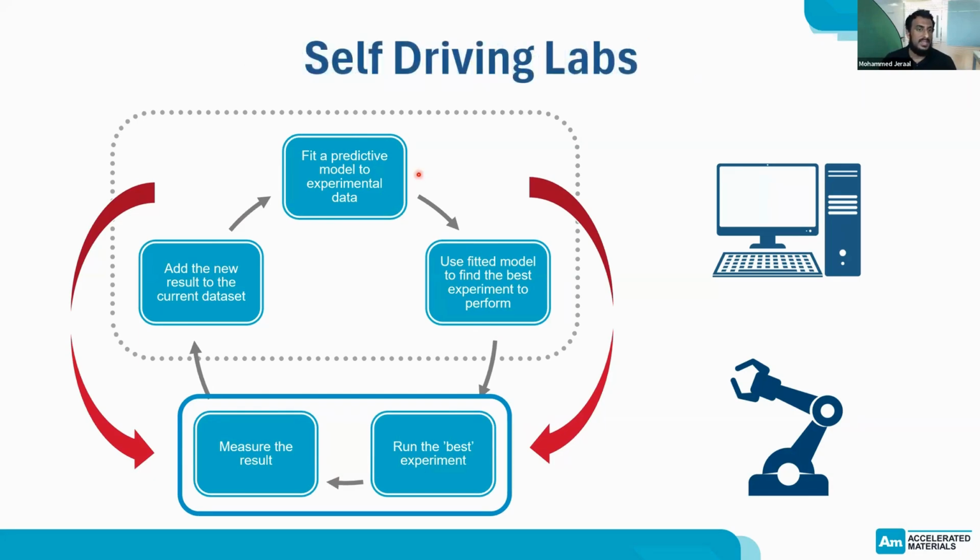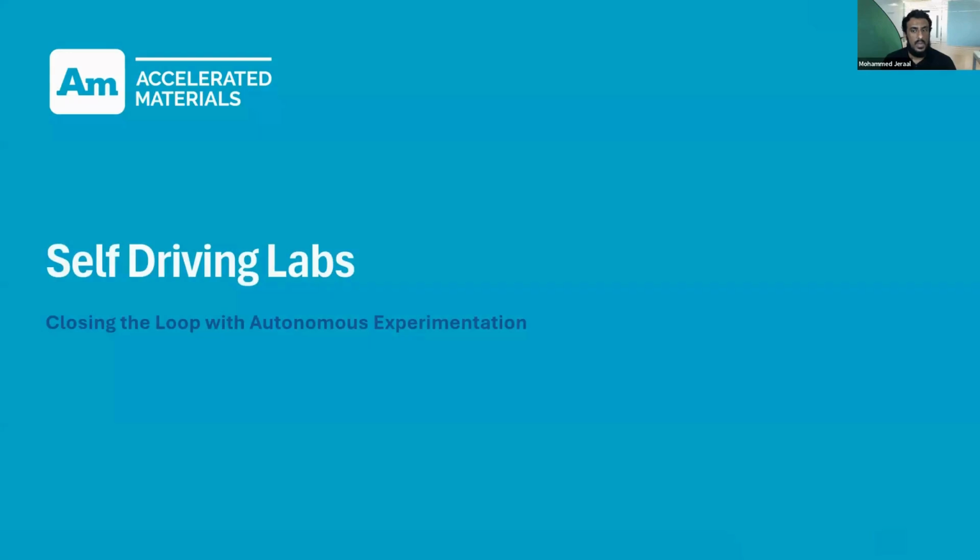And this is effectively what a self-driving lab is. The system has complete autonomy to both make the decisions and run the reactions itself. So let's take a closer look at self-driving labs.